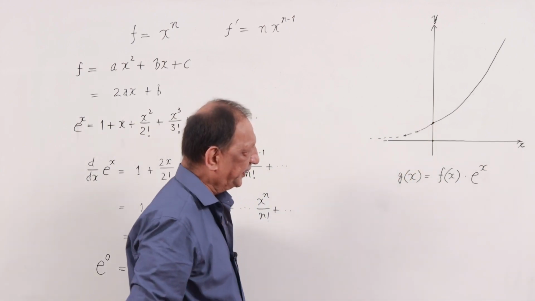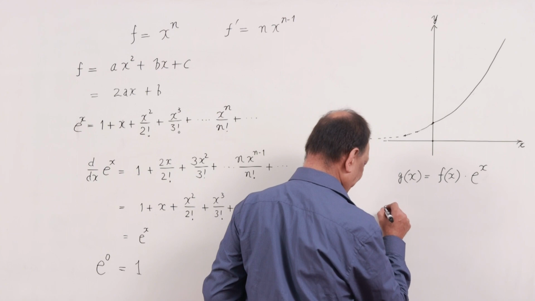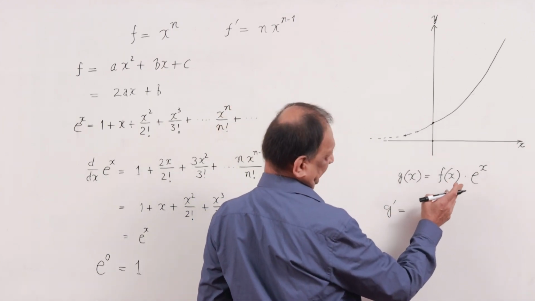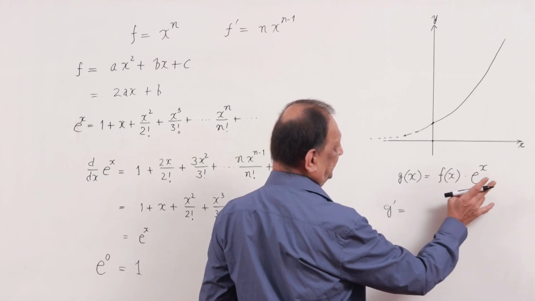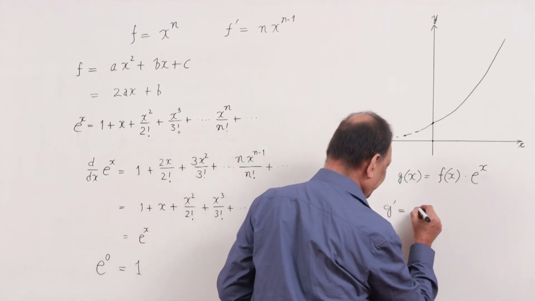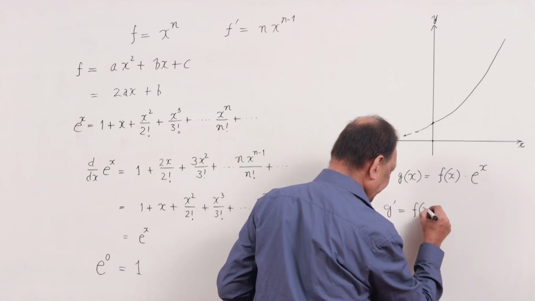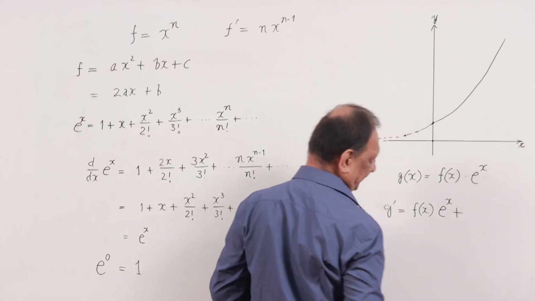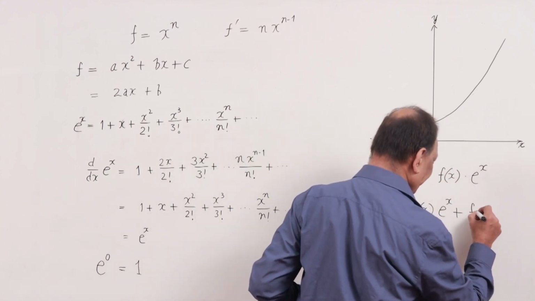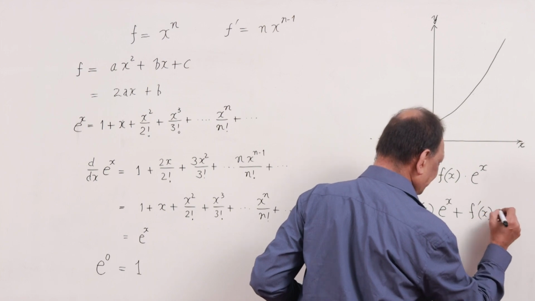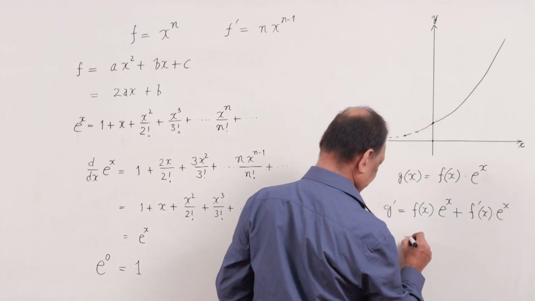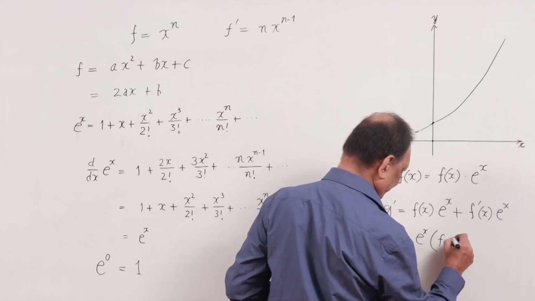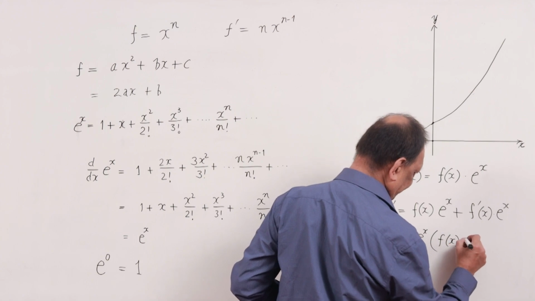So you have a product there, and when you differentiate this, g prime would be, as when you have two functions, f prime g plus g f prime. So in that case it will be f x multiplied by the derivative of e power x, which is e power x itself, plus the derivative of f x, which is f prime x multiplied by e power x. Which really is e power x multiplied by f x plus f prime x.